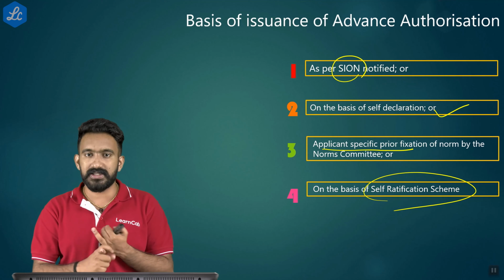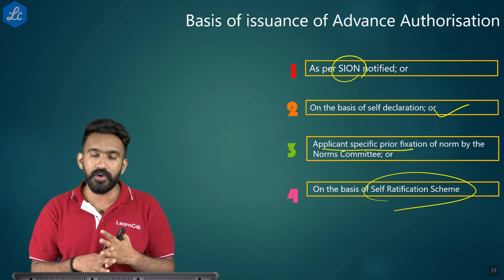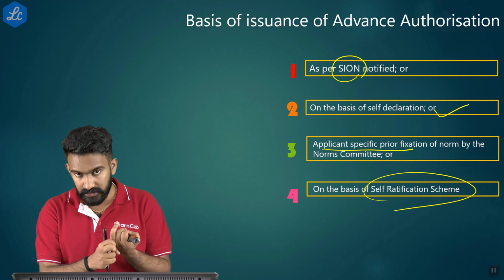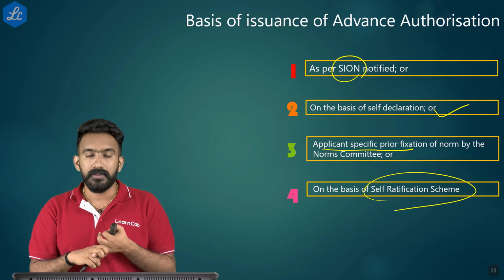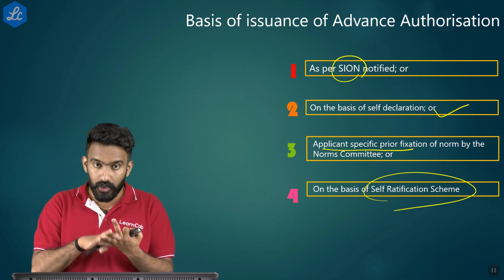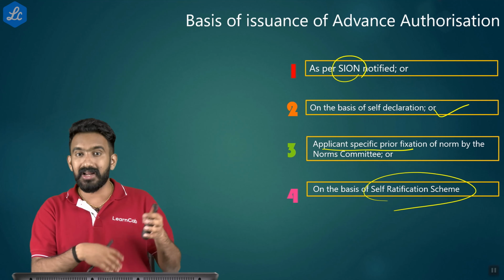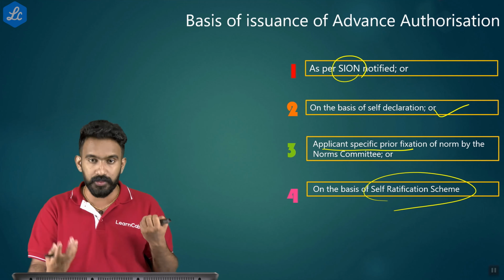One is there is a standard input output norm about my inputs, about my notified product. I can take an advance authorization for such product, or I want more or something other than what is mentioned in the norms. See, standard input output norms are going to mention what are the type of inputs that will be required for a certain output.